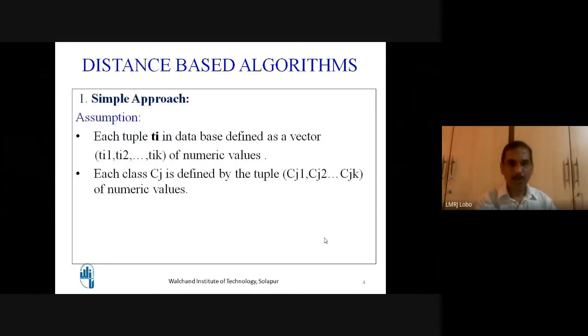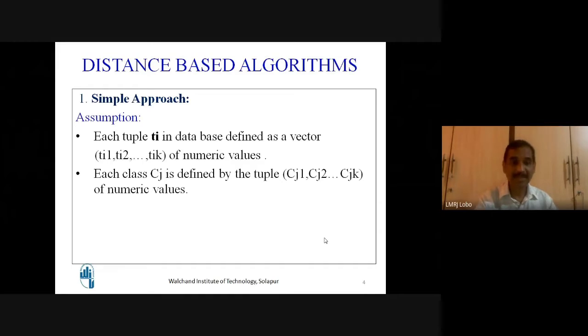A simple approach is based on the assumption that each tuple Ti in the database is defined as a vector Ti1, Ti2 up to Tik of numeric values. Each class Cj is defined by the tuple Cj1, Cj2 up to Cjk of numeric values.